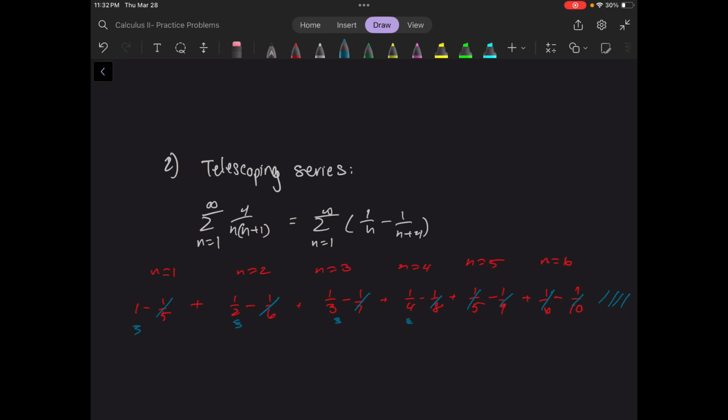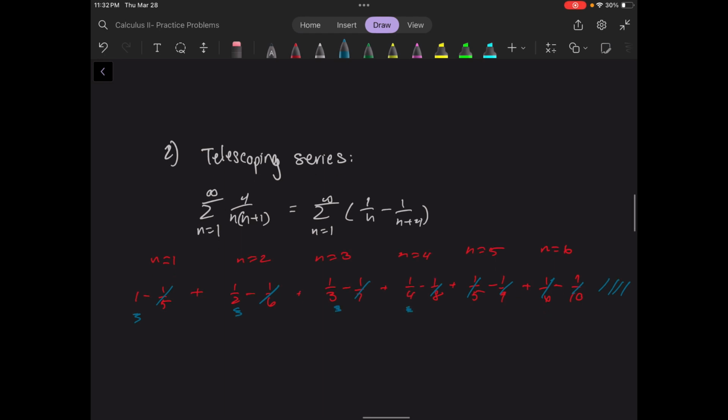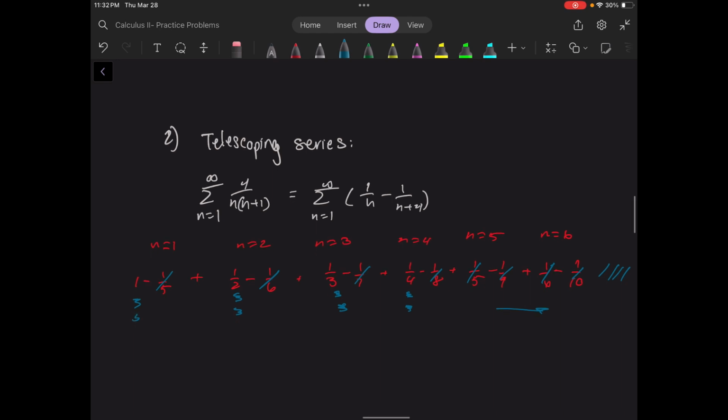And remember, what does it mean for a series to converge? A series converges when the infinite sum of all its terms approaches a finite number. Well, if all the terms after this and towards infinity cancel each other, and the only things that we're left with are these 4 numbers, then that must be what the series converges to.